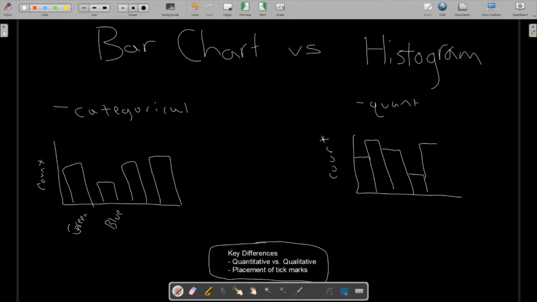And not only that, each bar in the histogram, because it's quantitative data, will usually represent a range of numbers that we see. So for instance, if we go back to a temperature example, say the daily temperature in some city for every day, those numbers will range widely throughout the year.